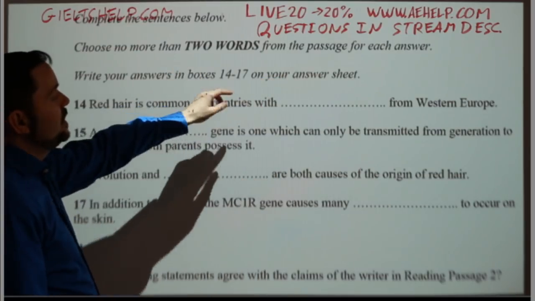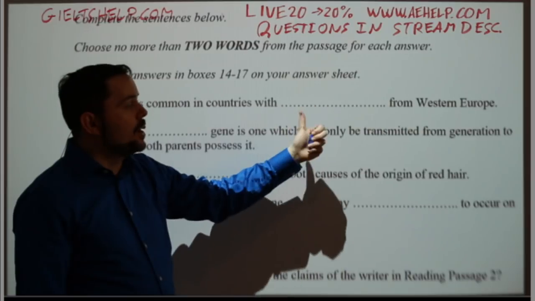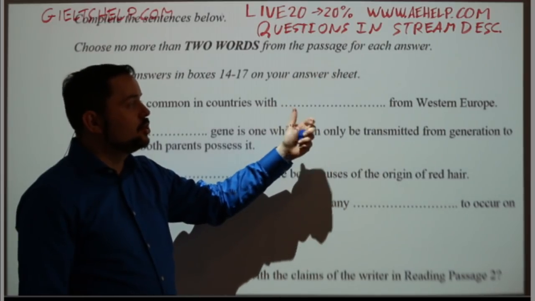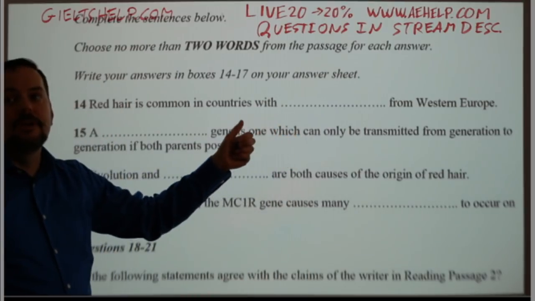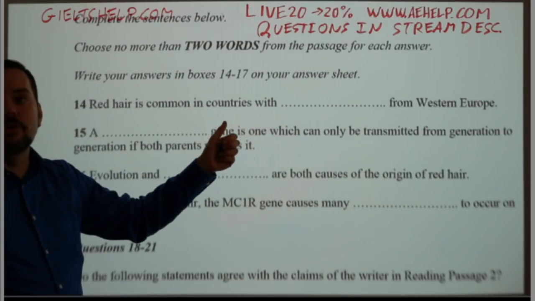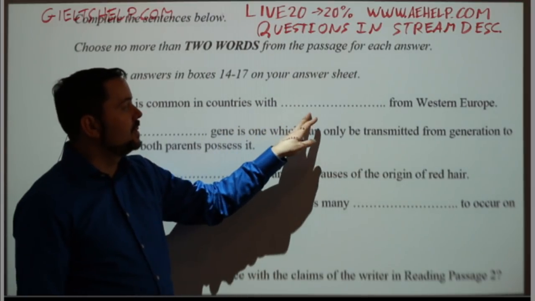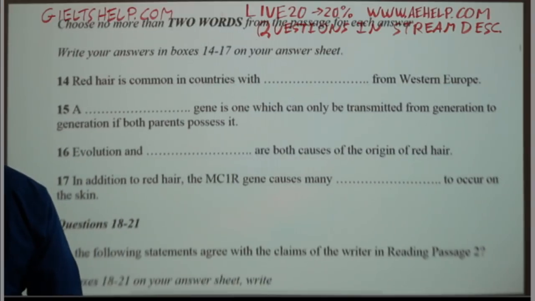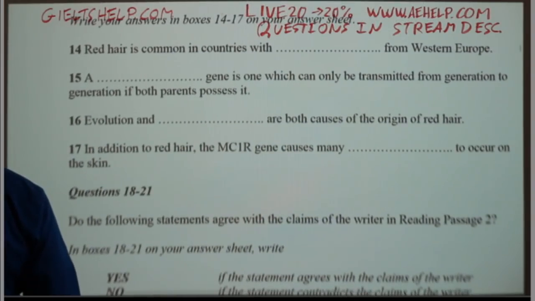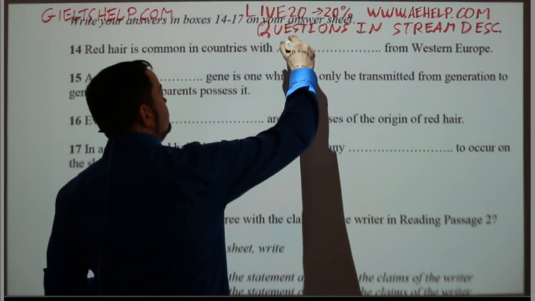It doesn't mean that you have to have 2 words, okay? So if 1 word is enough, then choose 1 word, all right? So Raya, I believe you do have the correct answer, historical immigration, but you will be okay if you write just immigration. So if you write immigration, you'll be fine.